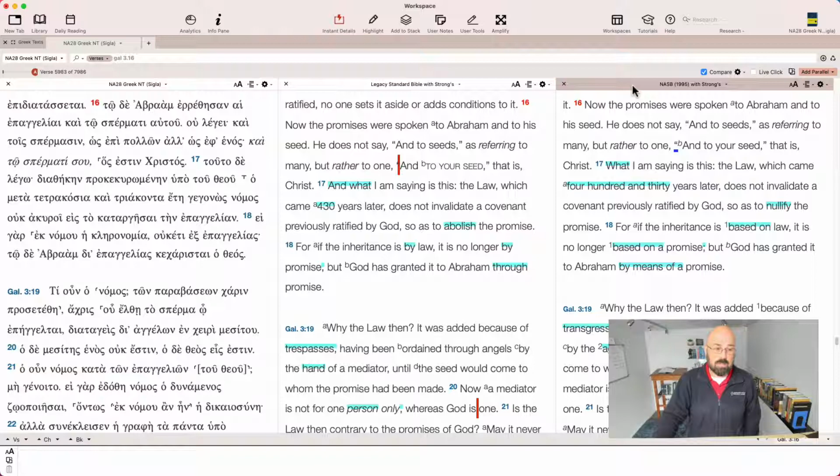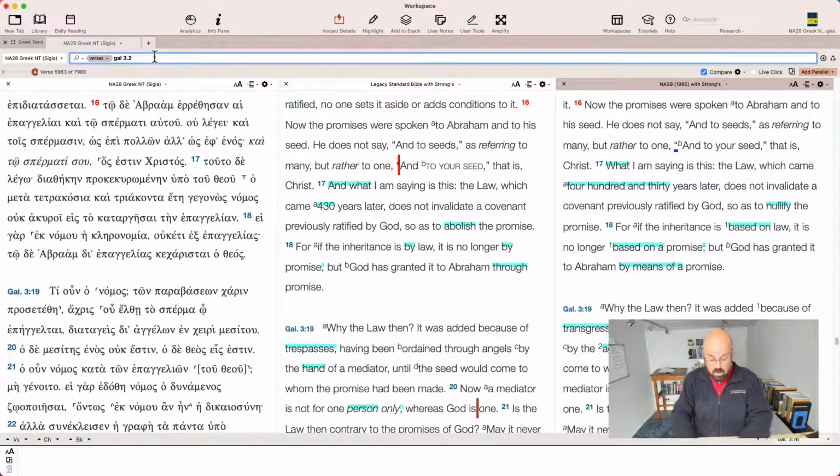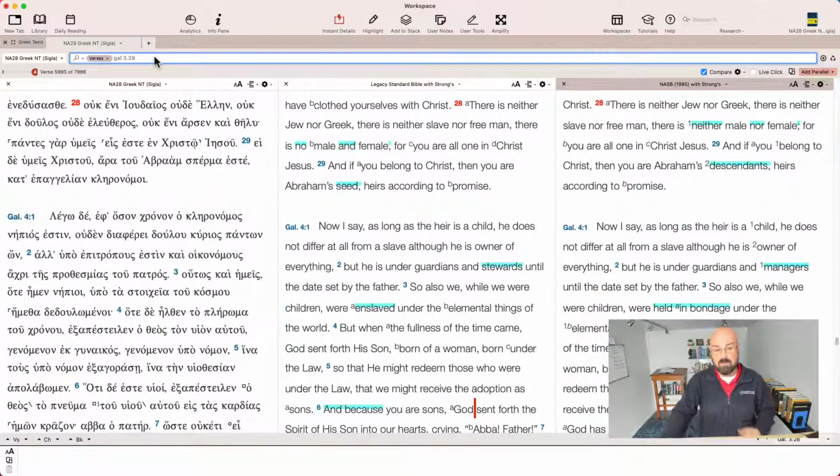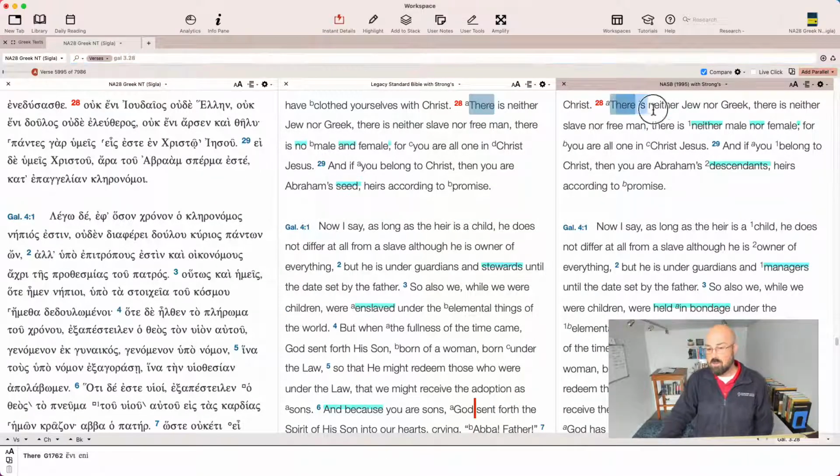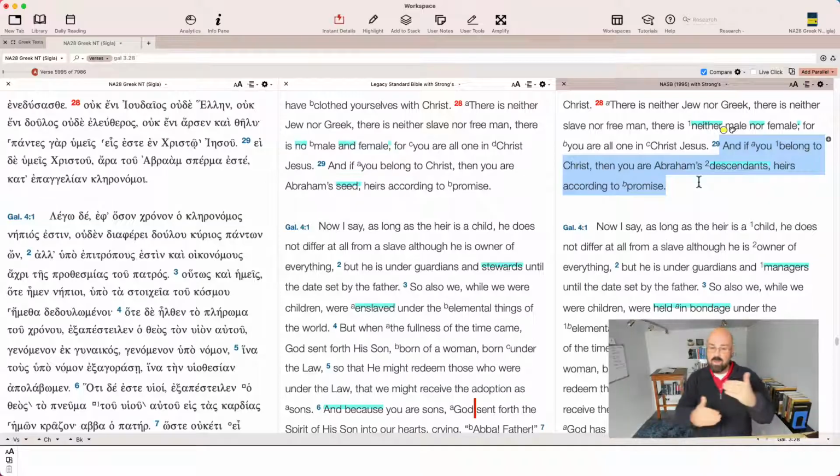Now, where this becomes a little more interesting, at least in my mind, is that by the time we get to the end of this chapter, look at this, in the New American Standard: "And if you belong to Christ, then you are Abraham's descendants, heirs according to promise." So what we see here in the New American Standard is inconsistency in the way seed is translated.